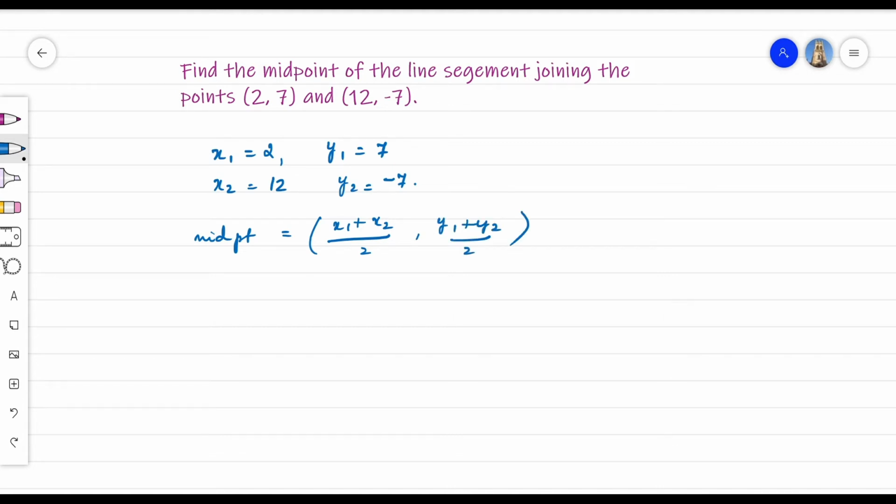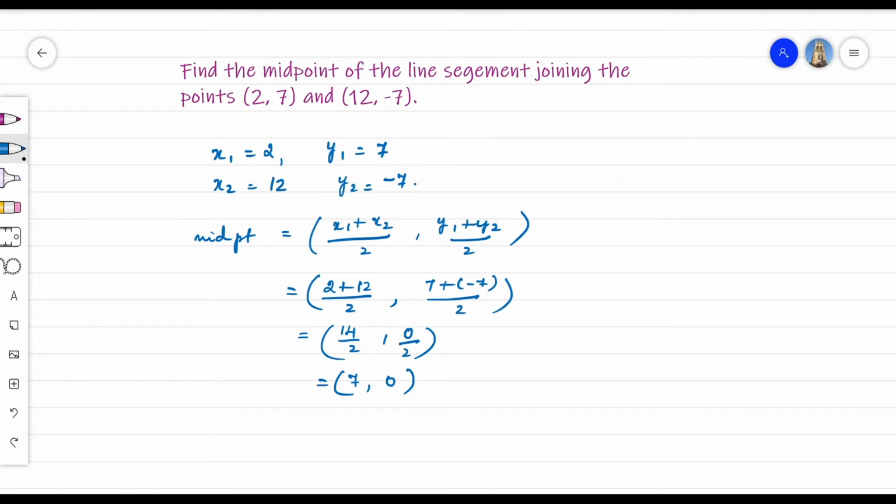So that is equal to (2 plus 12 by 2, comma 7 plus minus 7 by 2). So 14 by 2, comma 0 by 2, that is (7, 0). Therefore, the midpoint is equal to (7, 0).